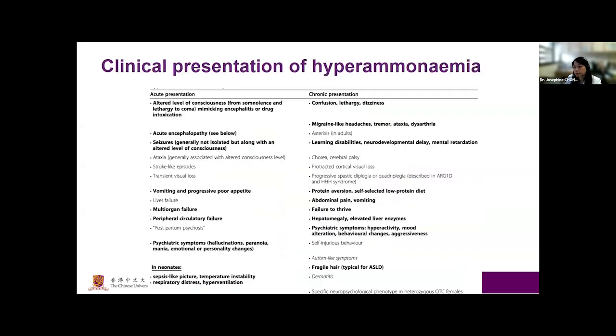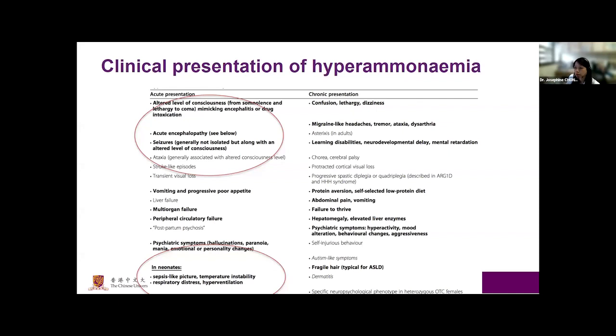Because a high ammonia level could alter the conscious level. In neonates or newborns, it's very difficult to identify early presentation of acute encephalopathy or an acute altered level of consciousness. Sometimes they may present with a sepsis-like picture, or some of them may have temperature instability, because the brain control is not functioning well.